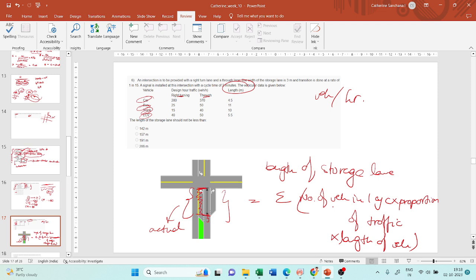Okay, first you have to find out each value, multiply all three together, and then sum it up. So let me draw a table.